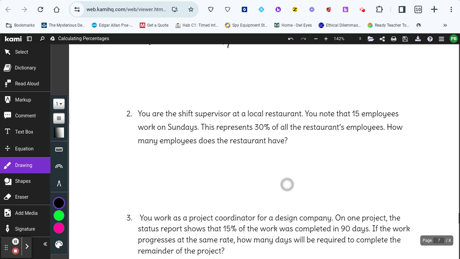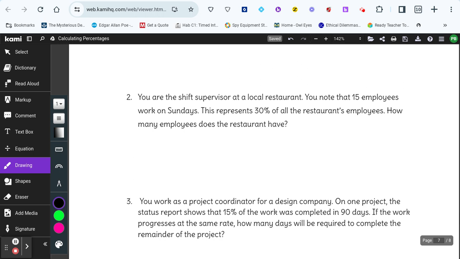All right, and then number 2, it says you are the shift supervisor at a local restaurant. You note that 15 employees work on Sundays. Okay? I told you, if you see this or the word that, it's going to refer back to that previous statement. So this is going to refer to the people it just got finished talking about.